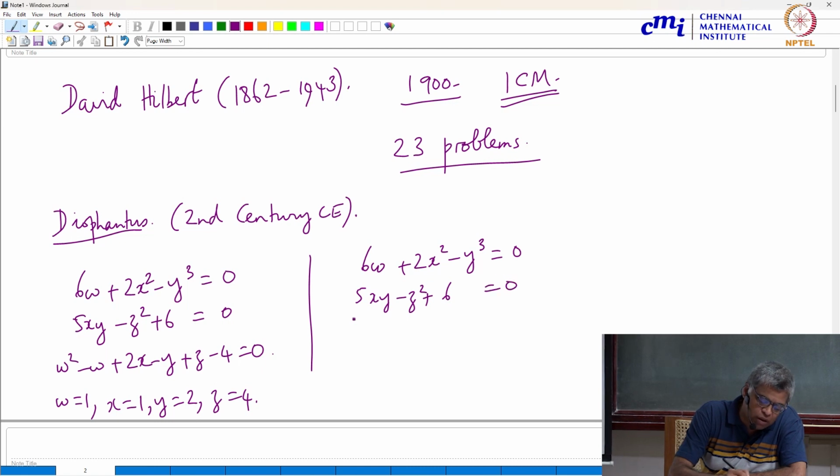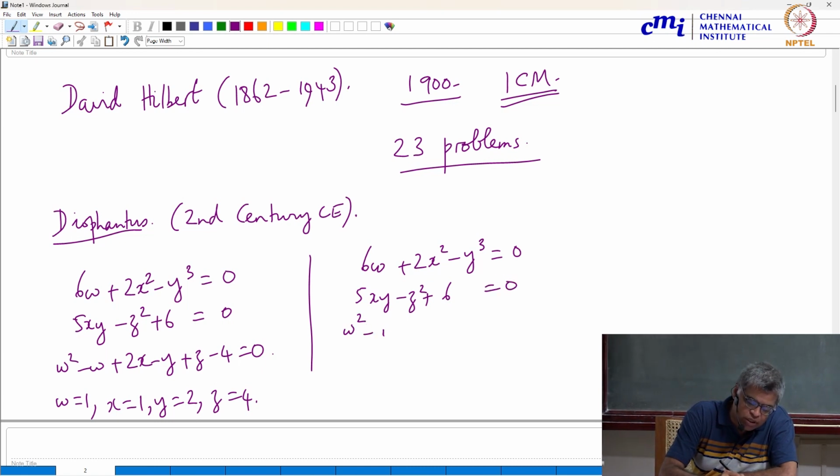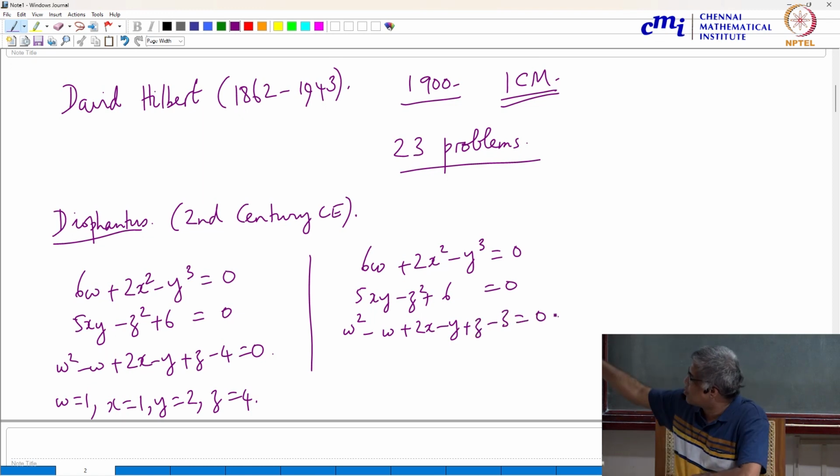Suppose I give you this system instead. Does this system have a solution? It's just a minimal modification of this.